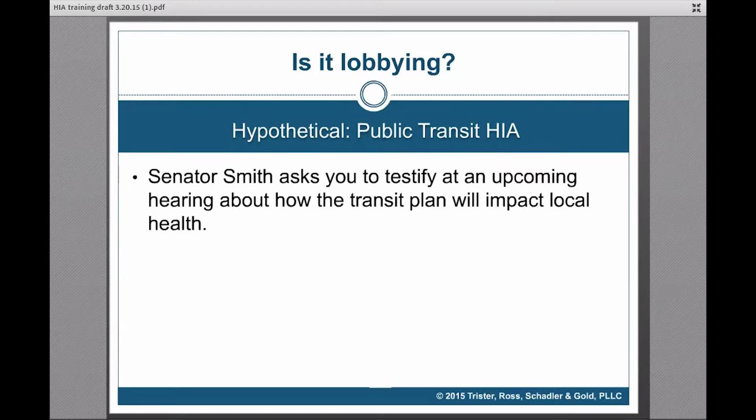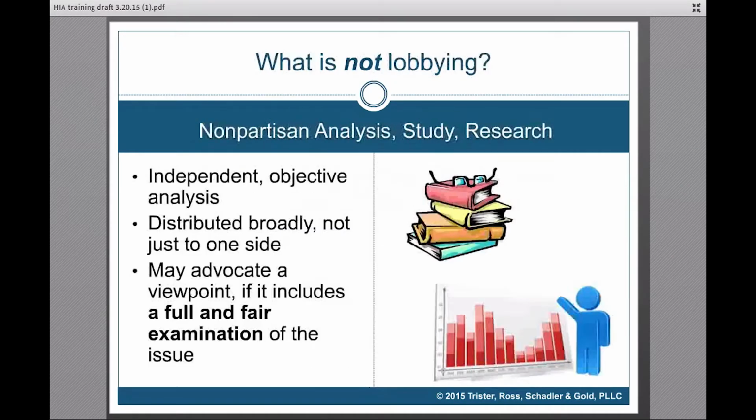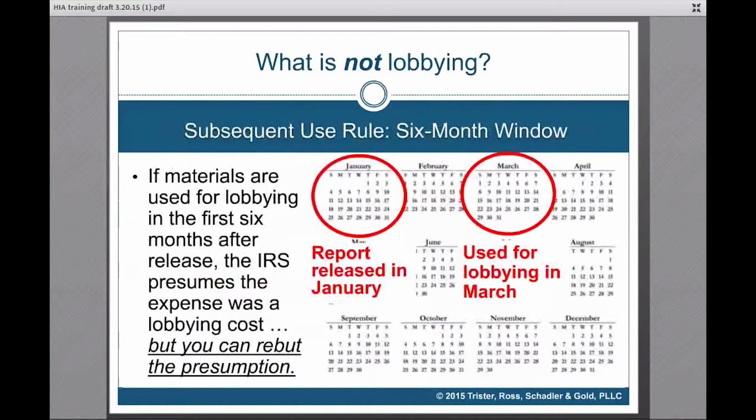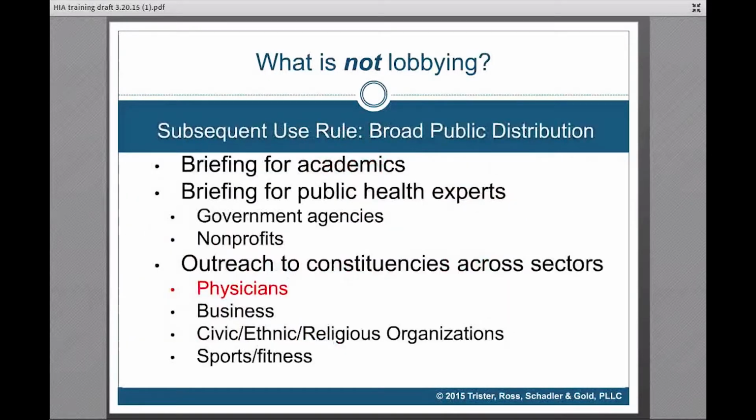And then you could spend an hour or two talking to the legislator about why the bill will help or harm the health of people in your state. You'll need to charge the time of that meeting as a lobbying expense, and the preparation time to get ready for that meeting would also need to be charged as a lobbying expense.